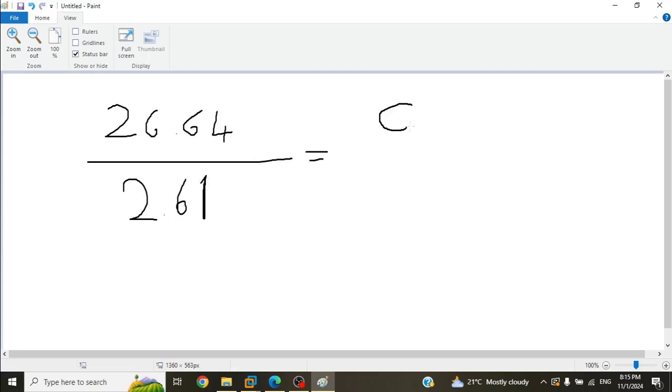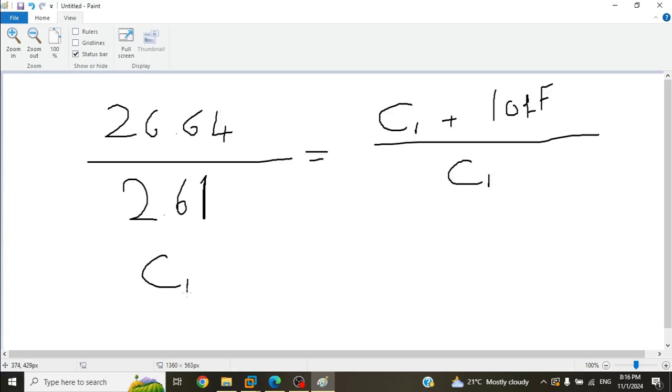It is equal to C1 plus C parasitics, which is 10 femtofarad, over C1. So we need to find this C1. If we do some calculations, C1 is equal to 1.087 femtofarad.